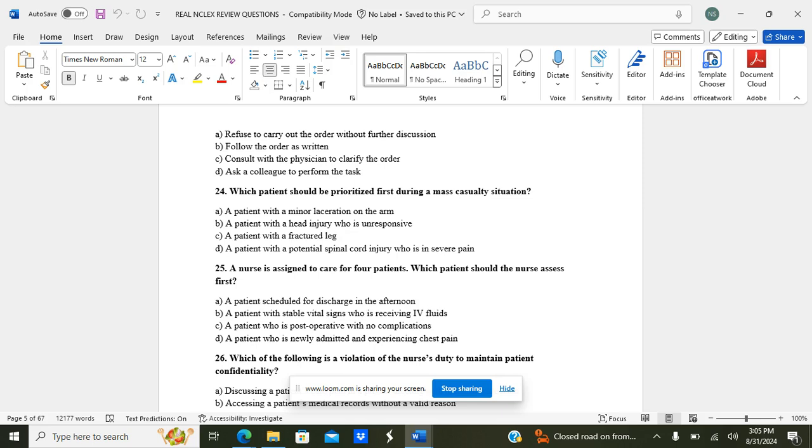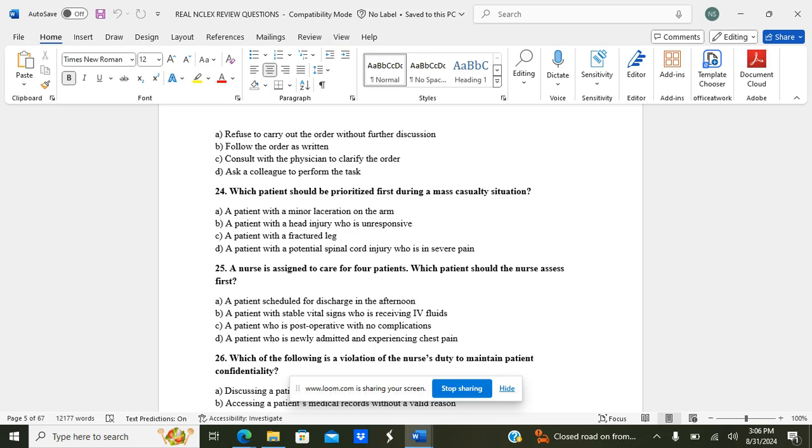This should look right. But let's continue to read the other choices to see if there is a worse one. C, a patient with a fractured leg. No, a fractured leg, you can resist.